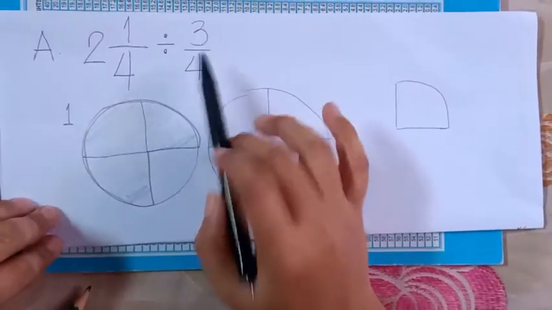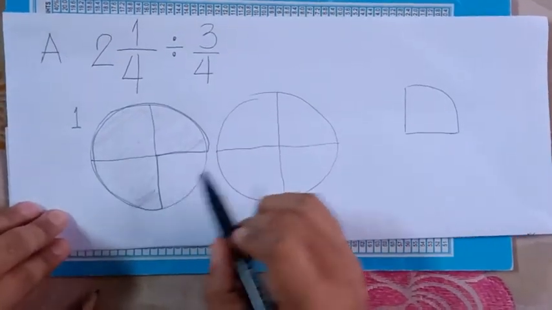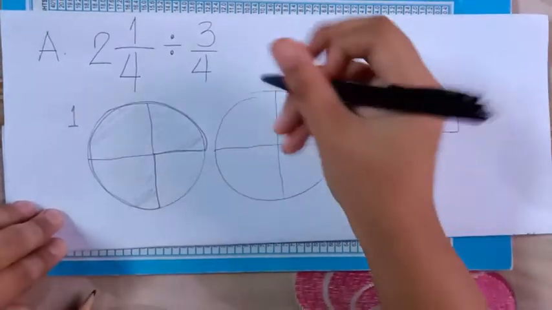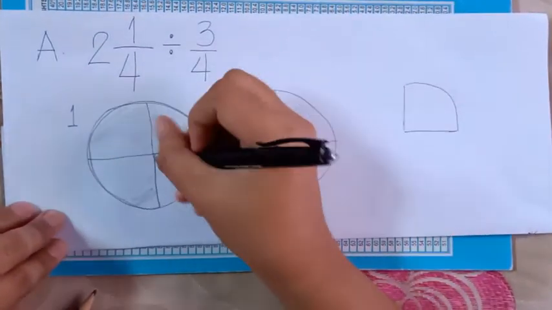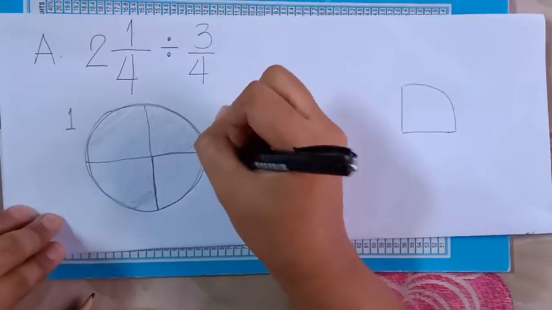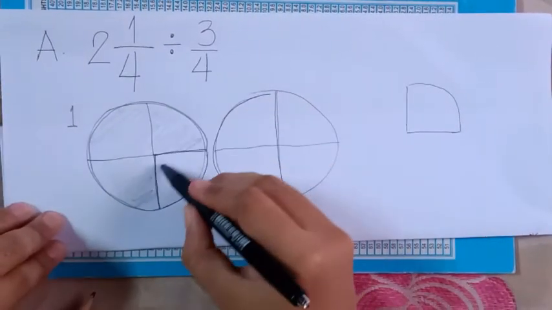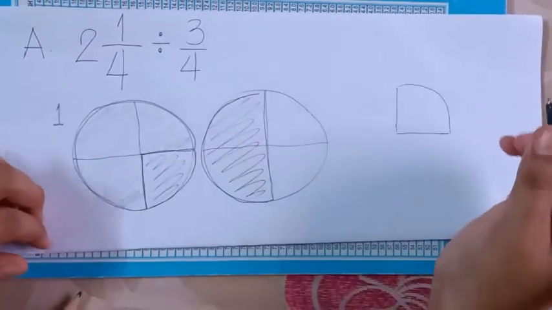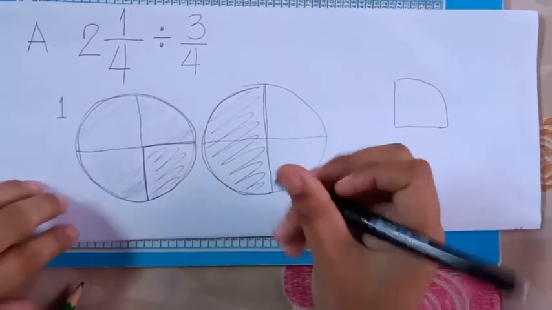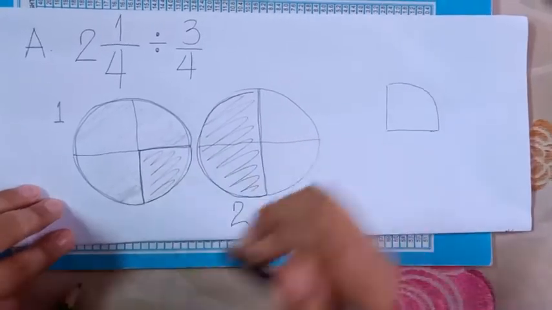We need to shade again 3/4. So 1/4, 1/2, 3/4. So this part and this part is 3/4. We need to shade it. That is now 2.